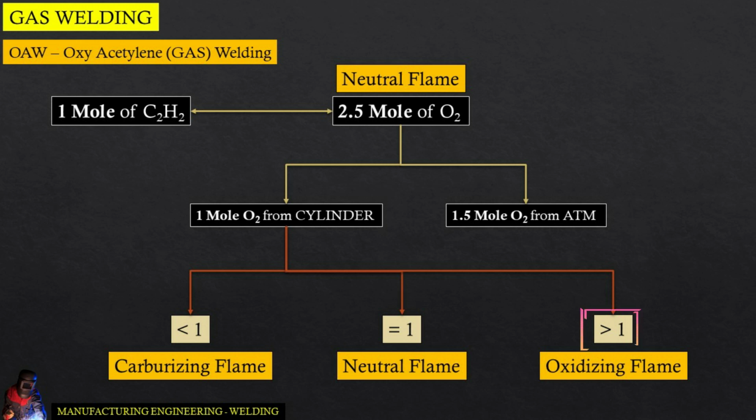And if more than 1 mole of oxygen is taken from the cylinder, the resulting flame is an oxidizing flame. Whatsoever quantity of oxygen is taken from the cylinder, the rest is taken from the atmosphere to complete the 2.5 moles of oxygen, which is required for the complete combustion of 1 mole of acetylene.